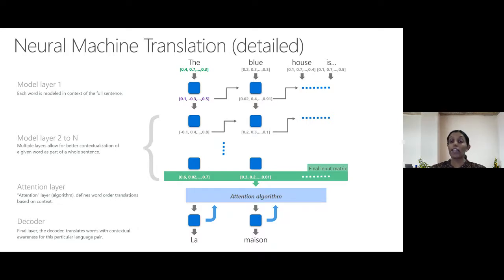It's aware of the context, and it knows that "the blue house" gets flipped to "the house blue", maison bleue, in French. So it learns all these different nuances. It's remarkable how neural machine translation learns all this from a lot of parallel corpus data, as opposed to having a linguist define all the rules and nuances.